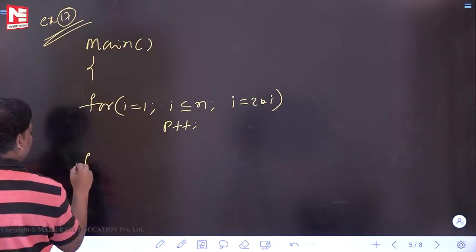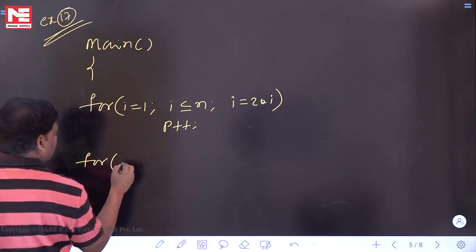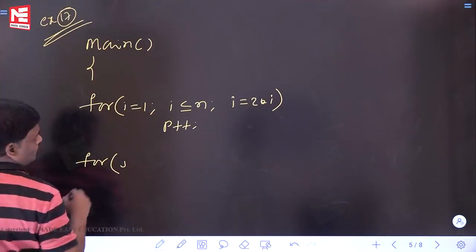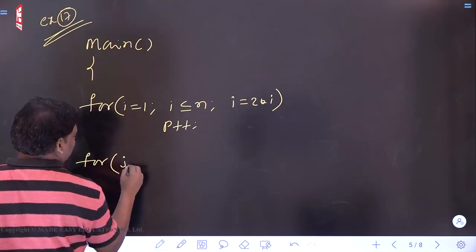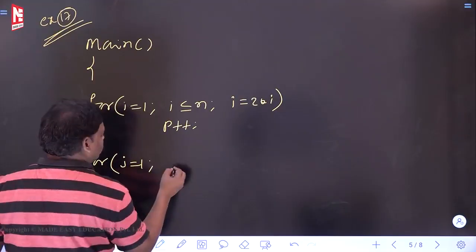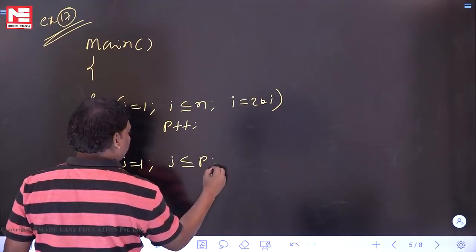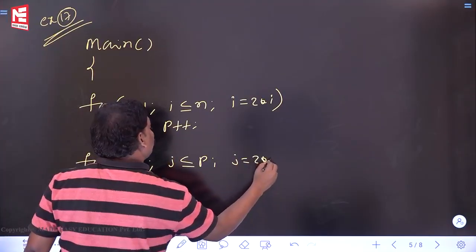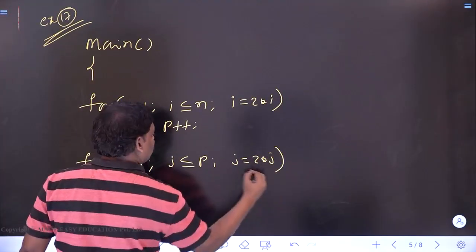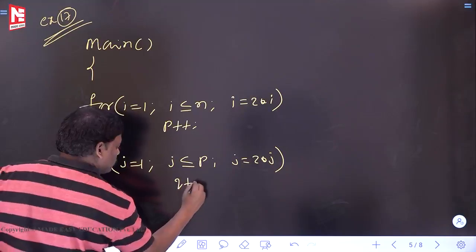Next one, for j is equal to 1, j less than or equal to p, j is equal to 2 into j, q plus plus.